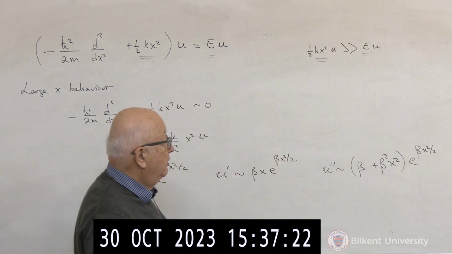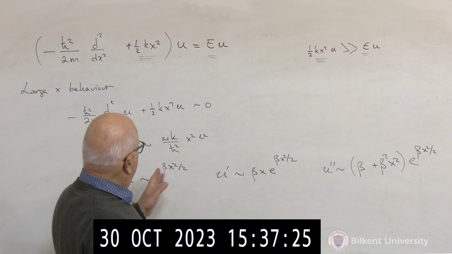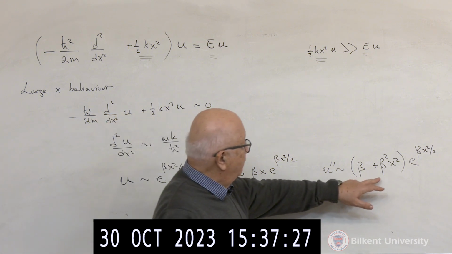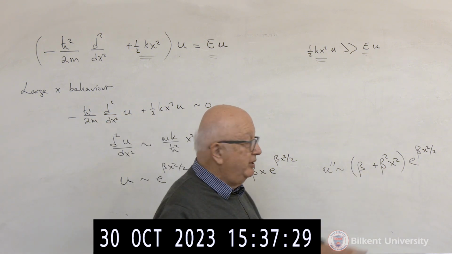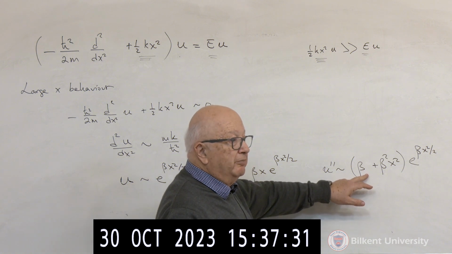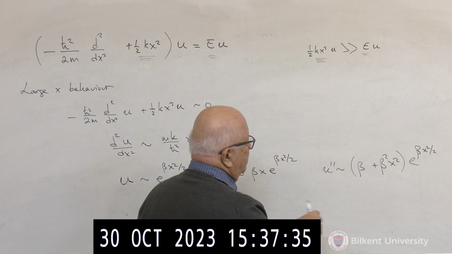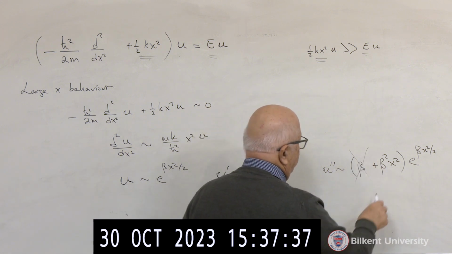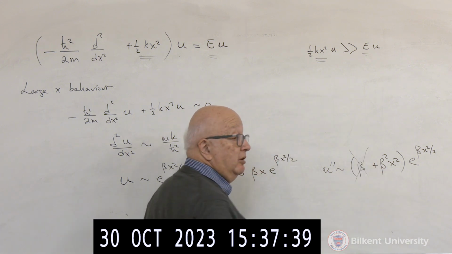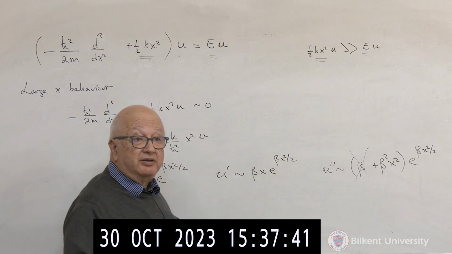So I'm almost there. Instead of just something times x squared, I also have this constant term. But remember, I'm just looking at the large x limit. This is going to be much smaller than that when I increase x a sufficient amount.